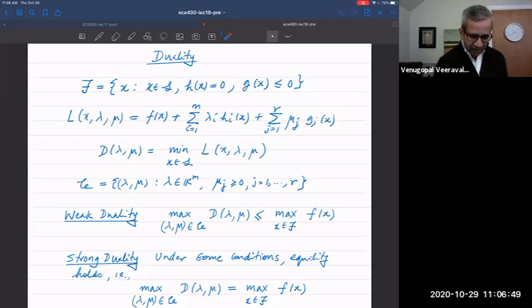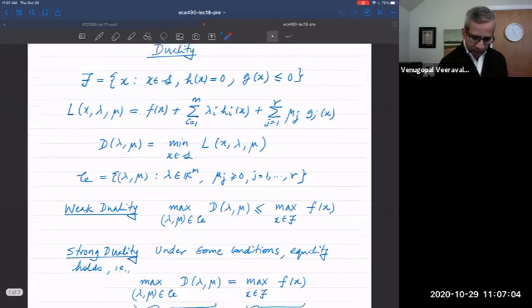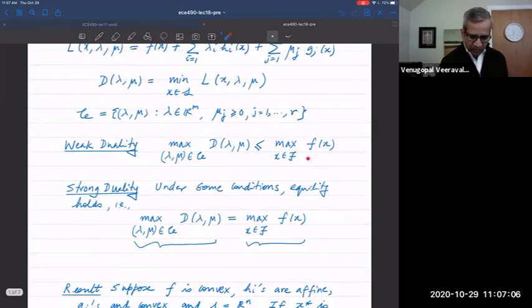All right, and then you can define the Lagrangian like this, and we saw that the dual function is defined like this. And the dual function has these constraints on it. Okay, so we saw the weak duality result, and now we say that under some conditions we have equality.